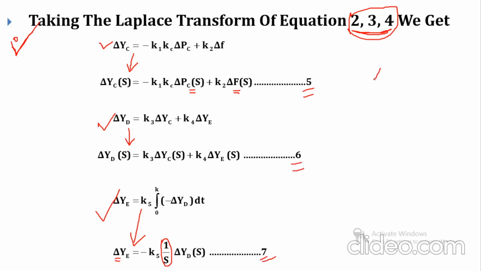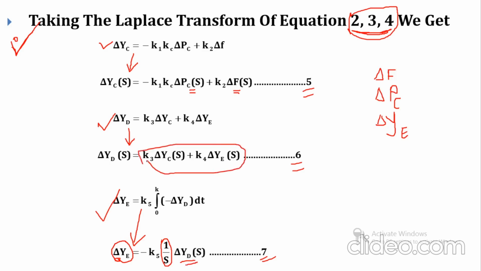So we know that we need an equation which consists of delta f, delta pc and delta ye. So in equation number 7 we have delta ye. So we have to replace delta yd. So I can write this equation instead of delta yd.